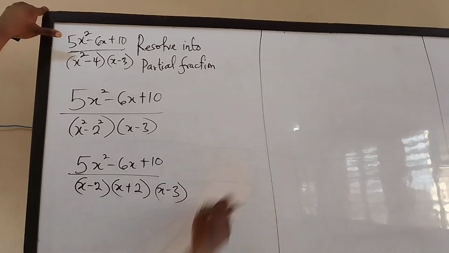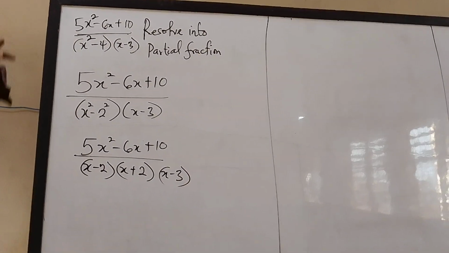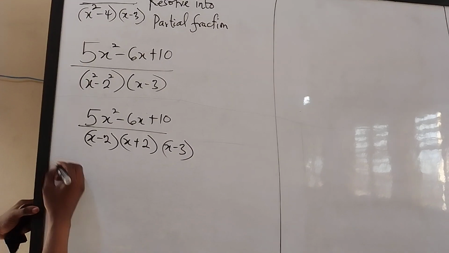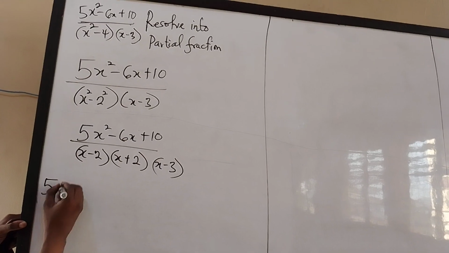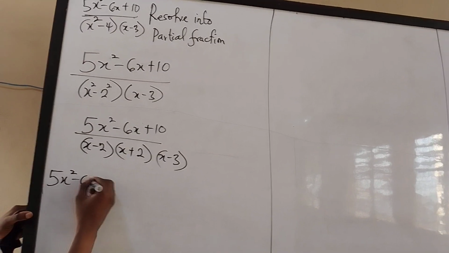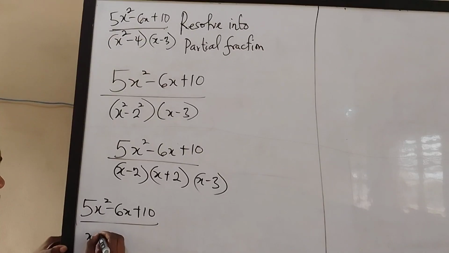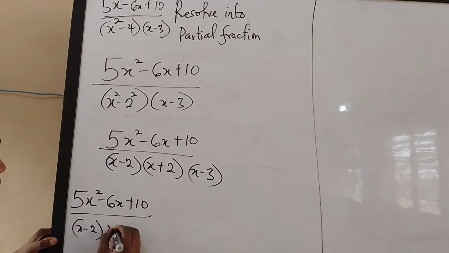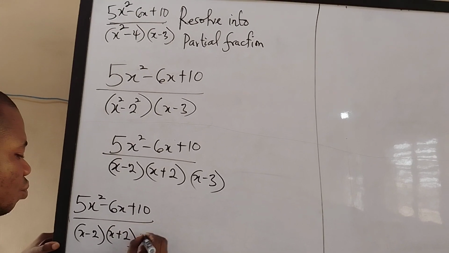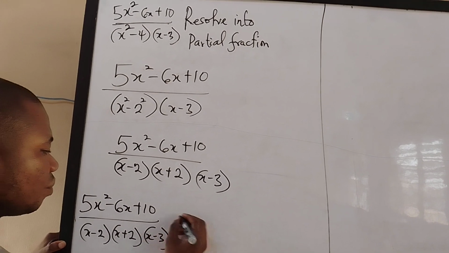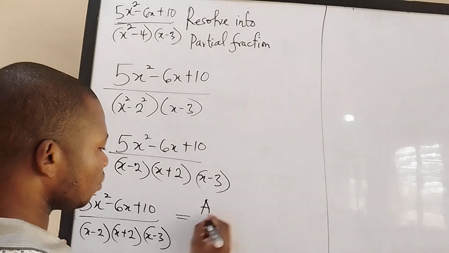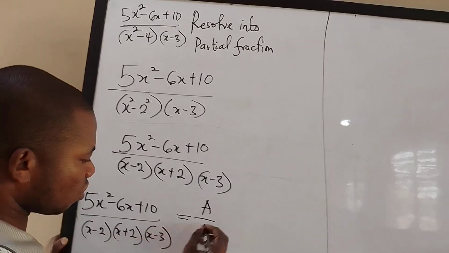So we now resolve this into partial fractions. So now say, okay, 5x squared minus 6x plus 10 all over x minus 2 into x plus 2 into x minus 3 will give me A over, the first one is what?